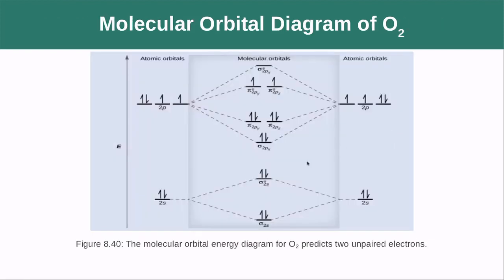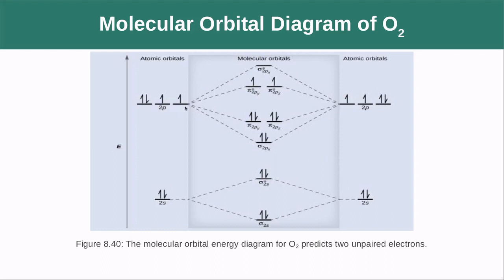So let's look at the case of oxygen. Oxygen has a 2s atomic orbital. These two are going to combine to form these sigma 2s and antibonding sigma star 2s orbitals. These two will cancel each other out. Therefore, the 2s electrons really aren't participating in bonding in the case of oxygen.